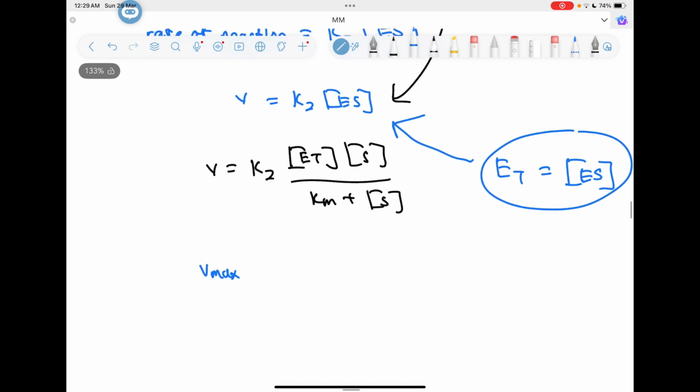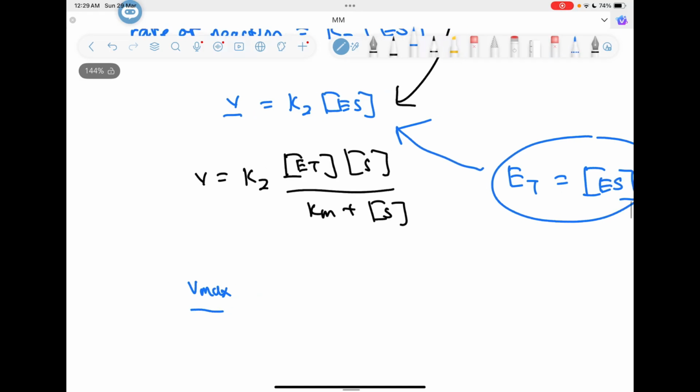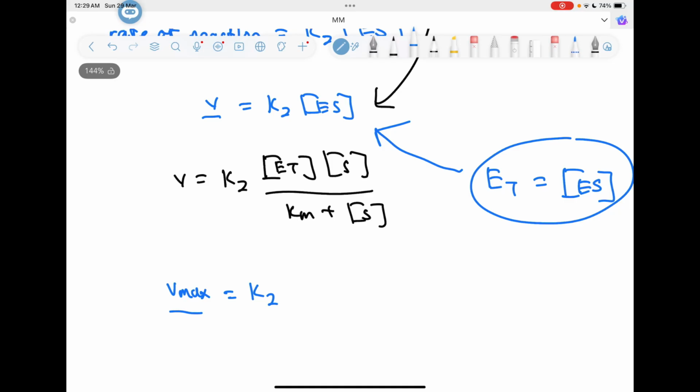And this will apply when V equals Vmax. So when V here equals Vmax, it will be equal to K2 times ET, because when Vmax is hit, ES will be equal to ET.